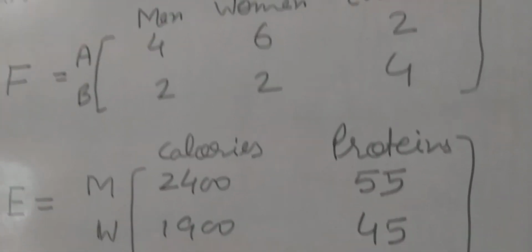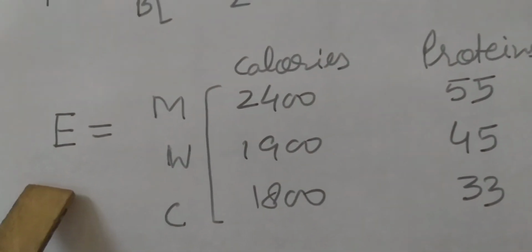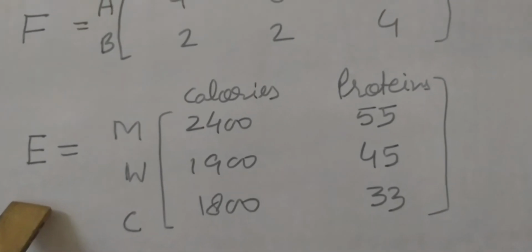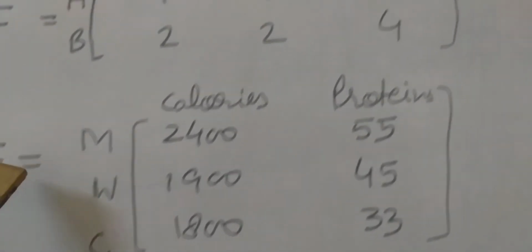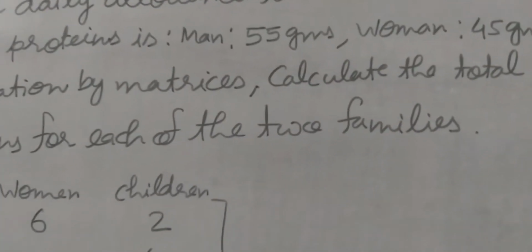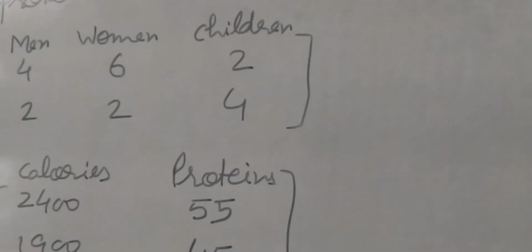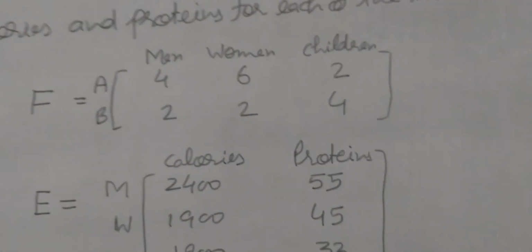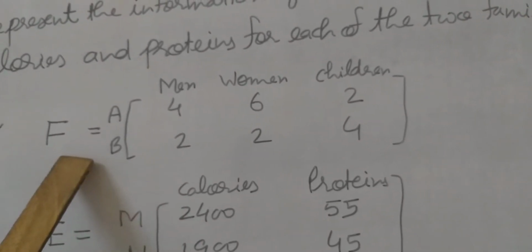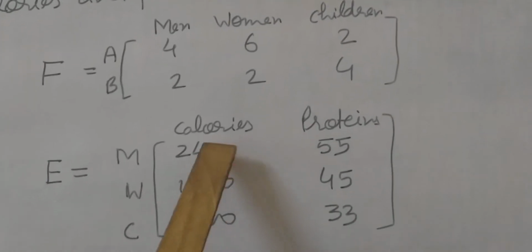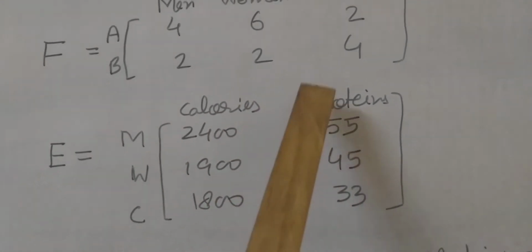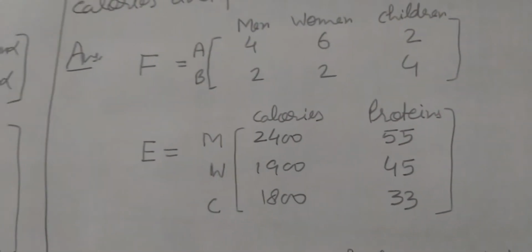Okay. Now second matrix I have denoted here by E. Okay. Student, this is the question of matrix multiplication. Correct? So always remember, write the first matrix in the form of rows and arrange the second matrix in the form of columns.